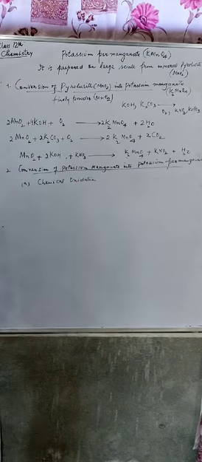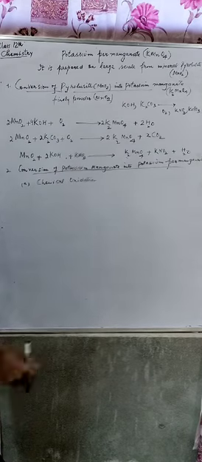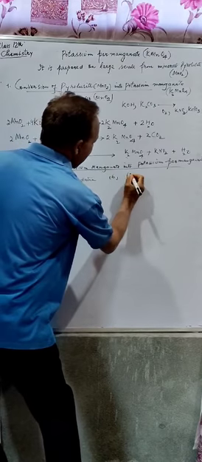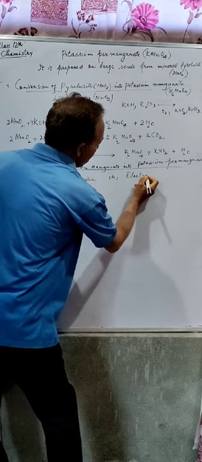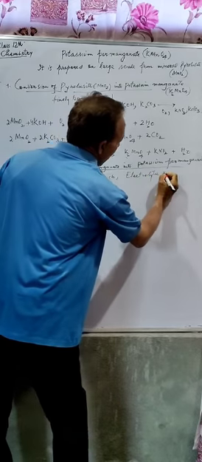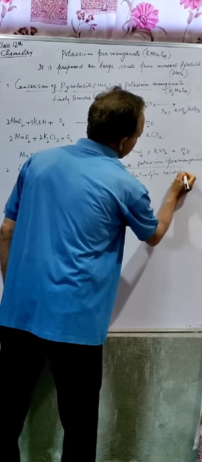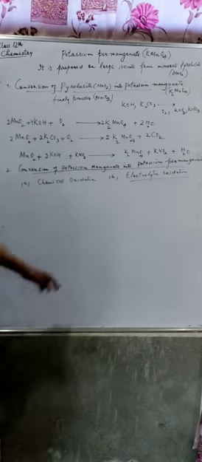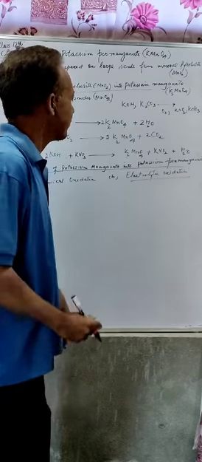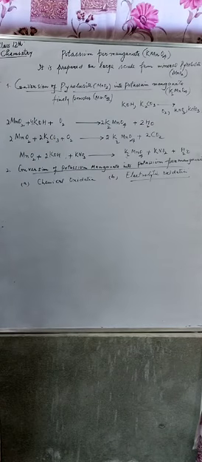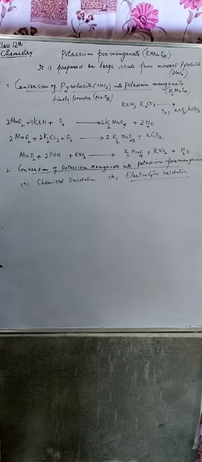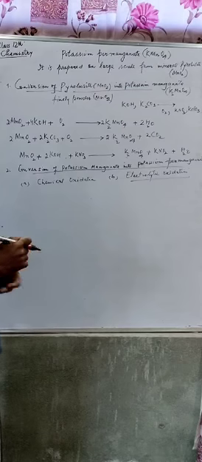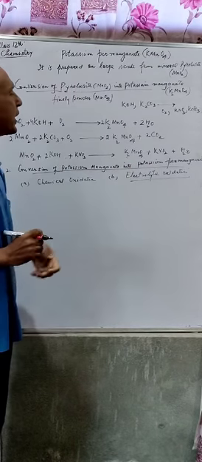By chemical oxidation, we convert this potassium manganate into potassium permanganate. The second is electrolytic oxidation, and on the industrial scale this electrolytic oxidation is preferred over the chemical oxidation. In the chemical oxidation, we take the solution of the K2MnO4 in water.